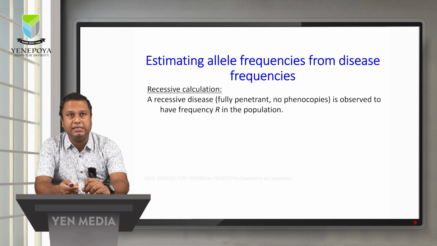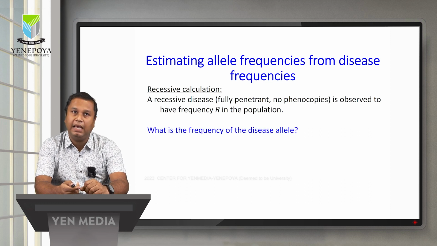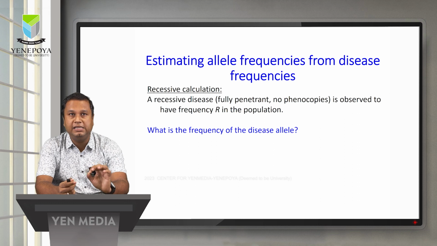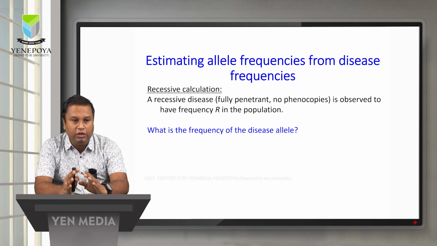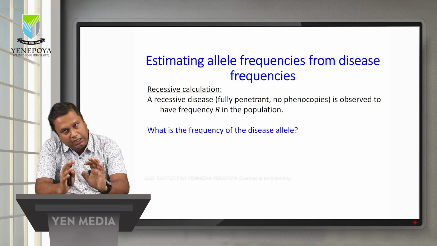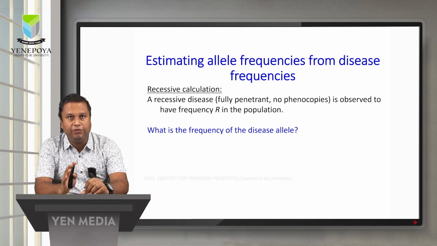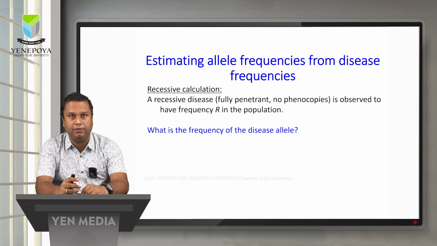Now, finally, let's see how we can calculate the disease frequency from the allele frequency. First, we will do the recessive calculation. Suppose a recessive disease which is fully penetrant, that means if you have the mutation, you will have the disease, is observed with the frequency of capital R in the population. Now we have to find out the frequency of the disease allele.